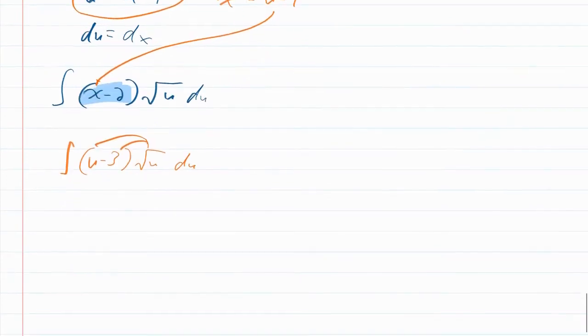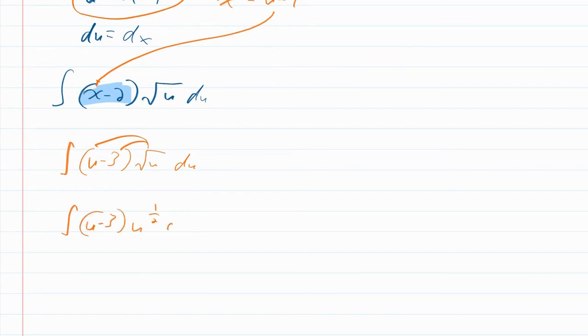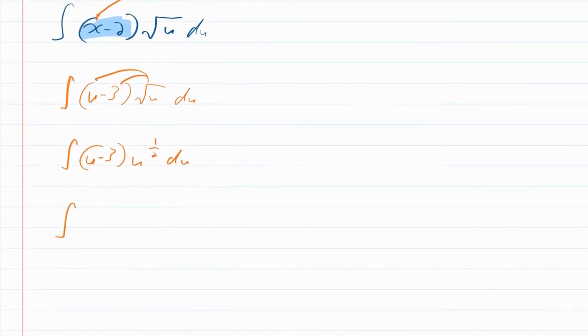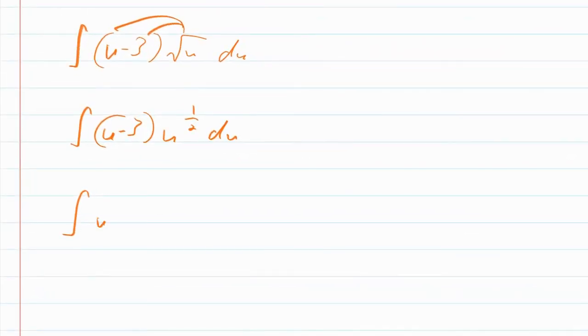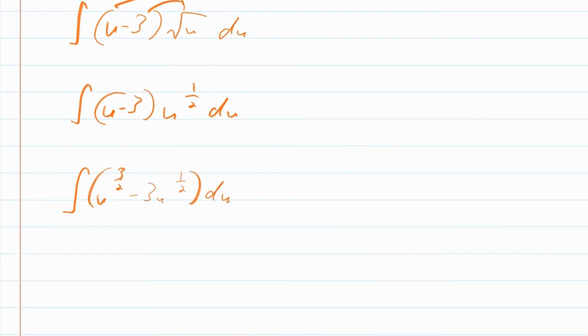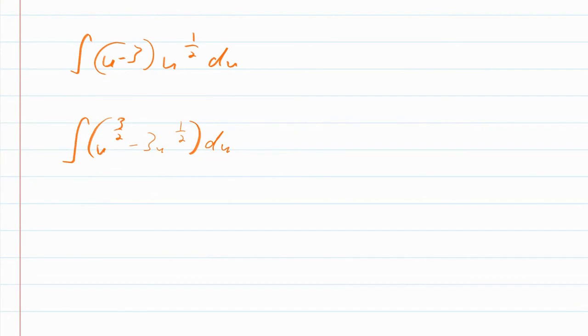Why can we do that, or why is that helpful? Because I can multiply those and make this expression become the integral of u minus 3 u to the 1/2 du, and then this is the same thing as the integral of u to the 1 times u to the 1/2 is u to the 3/2 minus 3u to the 1/2 du, and it's written in a polynomial form, which I can now integrate and make this 2/5 u to the 5/2 minus, so this becomes 3/2, which means times 2/3.